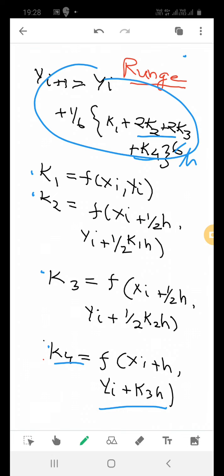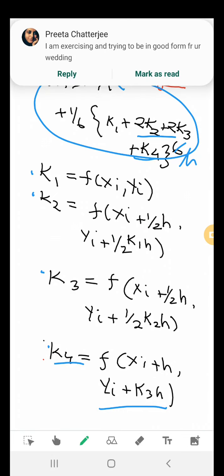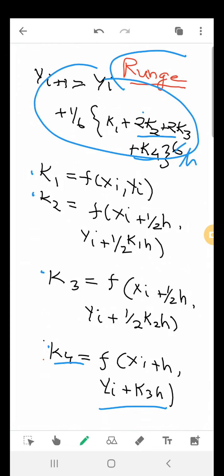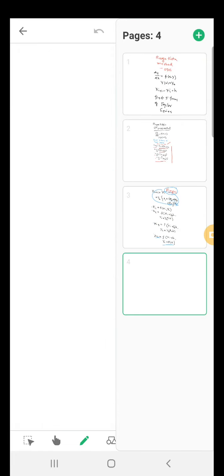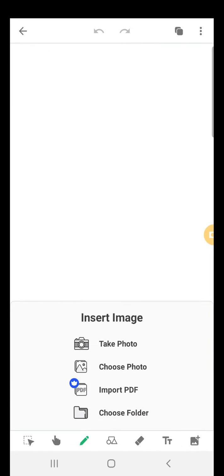This method was proposed by Runge, and we have another method given by Kutta that is a little different from this.